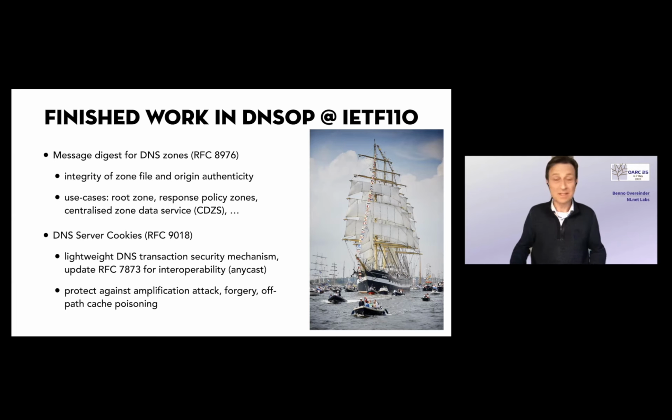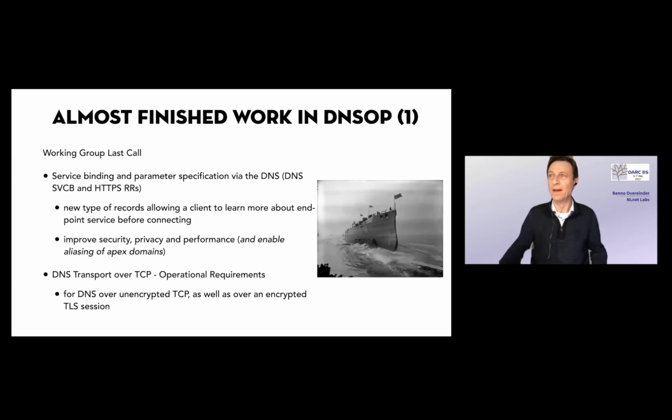So this is work that has just recently finished. Work almost finished in DNSOP: in working group last call is the SVCB and HTTPS draft, the service binding and parameter specification via the DNS.